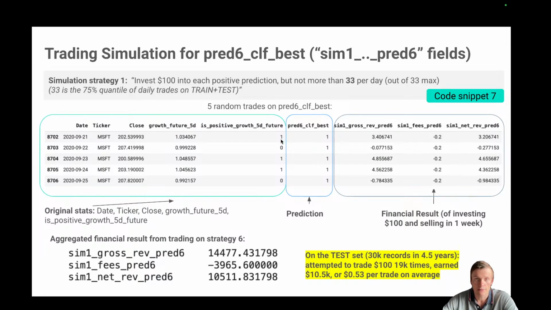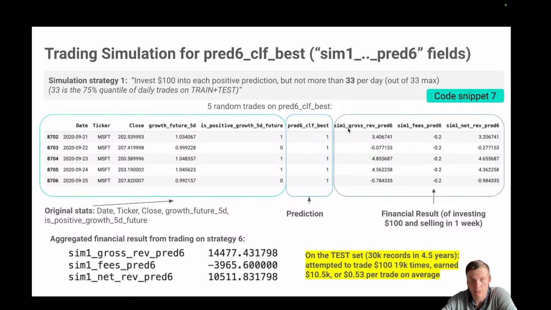It equals 1 because in 5 days you can get 3.4% of growth, and predicted classifier value equals 1. So in this case, if you invest 100 and you get 3.4%, your gross revenue is $3.4. So this is the new column that you generate for predictor number 6.